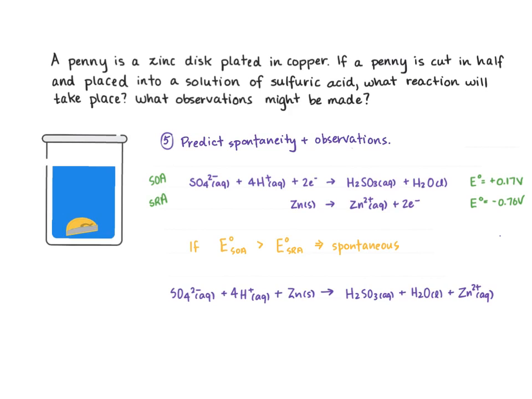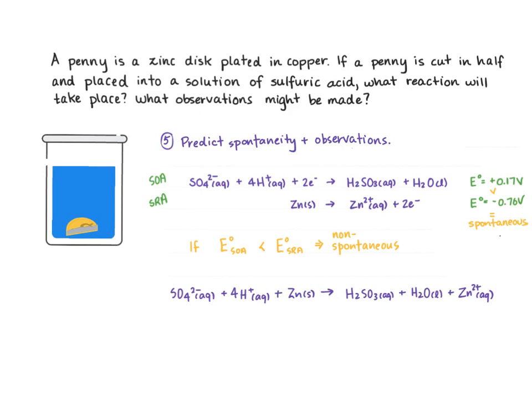However, if our SOA E naught is less than our SRA E naught, this reaction is non-spontaneous. Now in this case, our E naught of our SOA is greater than our E naught of our SRA. That means that this reaction is going to be spontaneous and will occur as soon as we add the coin to the acid.